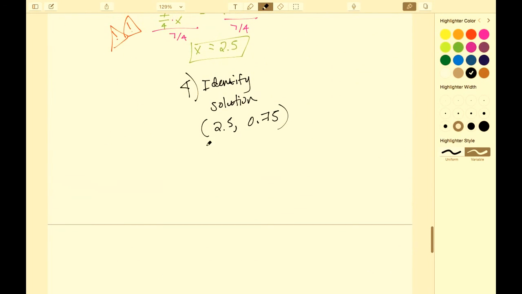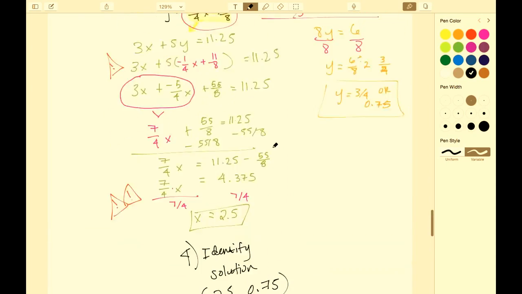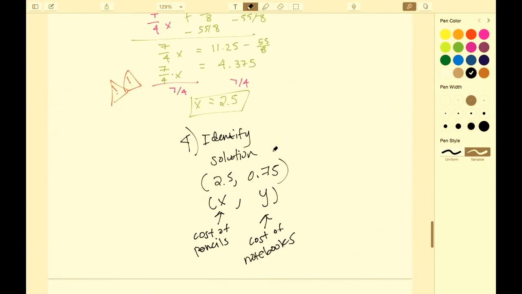So what this represents here, though, remember, this represents our x and our y. So remember, this is the cost of pencils, and this represents the cost of notebooks. Okay, so even though we got a solution at the very end, it does not mean that that is our answer.